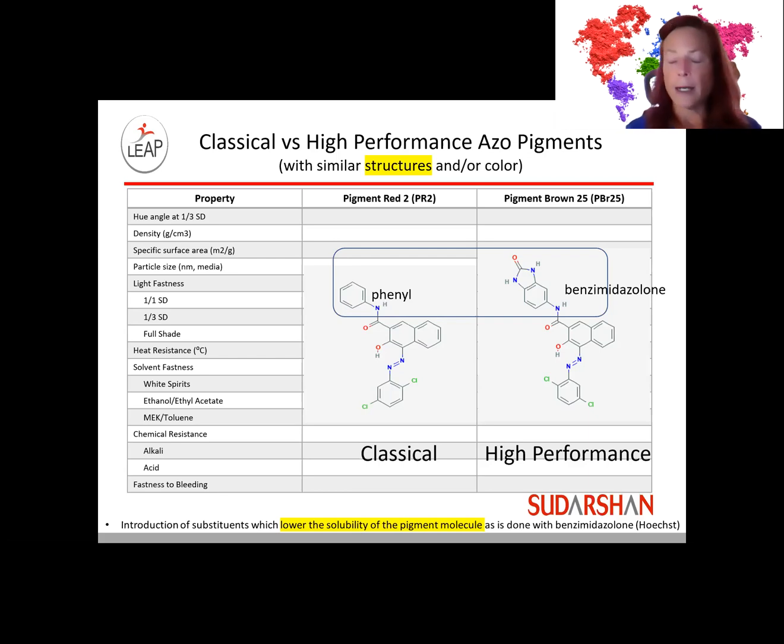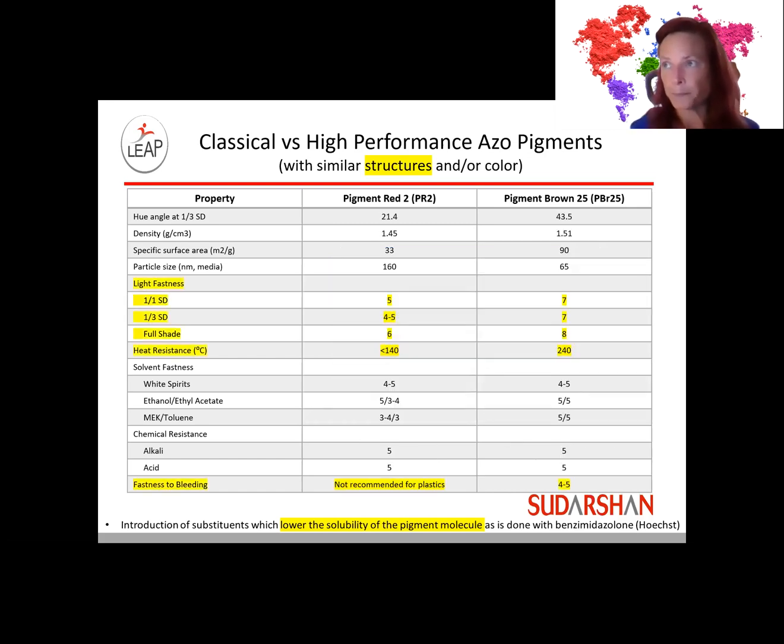However, the attachment moieties that are used make the difference in the properties. Where the classical Pigment Red 2 uses a phenol ring in that position, a benzimidazolone moiety is added for Pigment Brown 25.